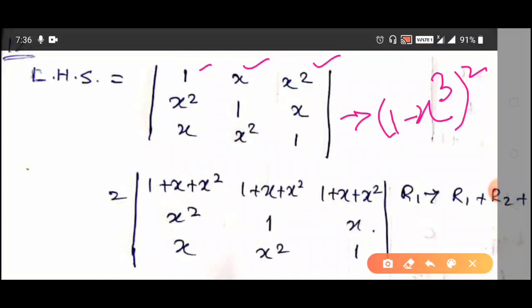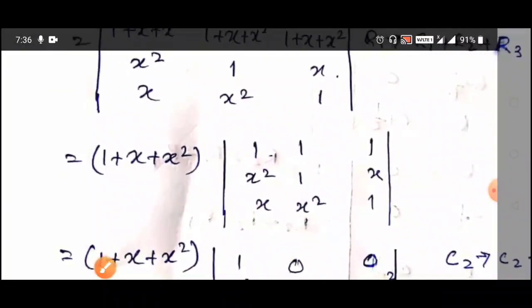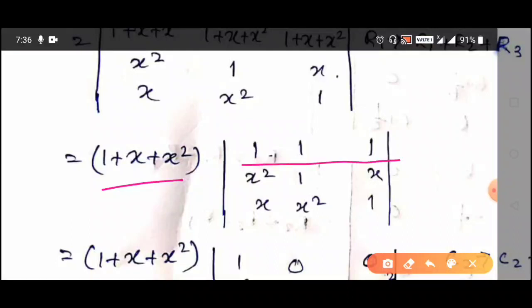So after doing that, the row 1 is converted to 1 plus x square. This element is also 1 plus x square, and here also 1 plus x square. So from here we can take out this element. After taking out the element, in row 1 we will have 1, 1 and 1. Since here we have all 1, so we can make 0 easily.